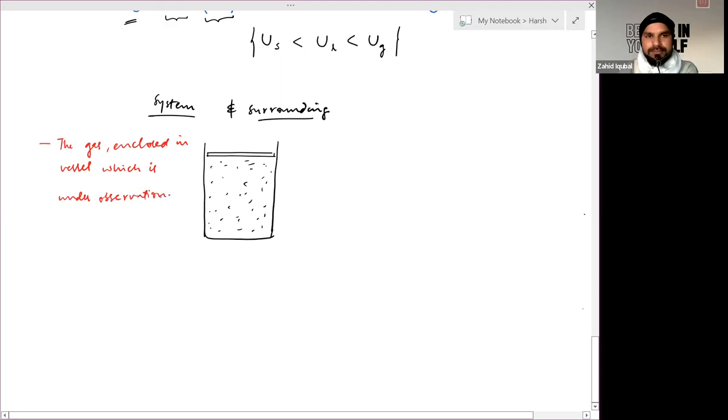is called system. And all the influencing factors from outside which may affect this particular system by any means are called surrounding.